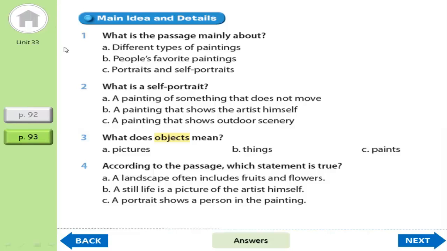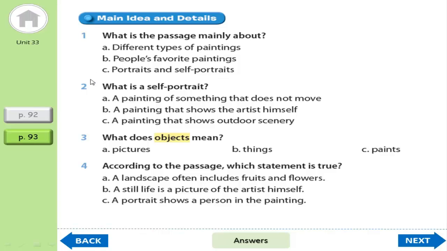Okay, so on this page we will answer all the questions about Unit 33. So question 1. What is the passage mainly about? A. Different types of paintings. B. People's favorite paintings. C. Portraits and self-portraits.